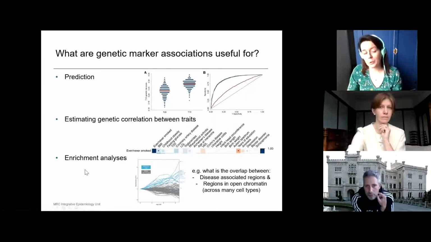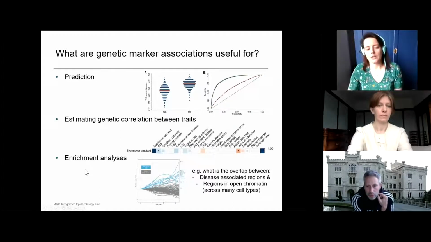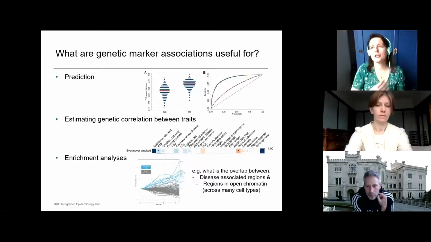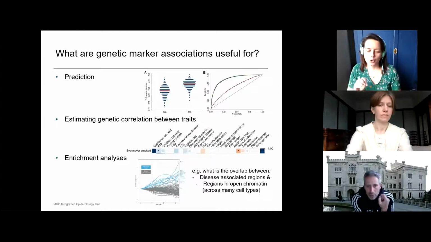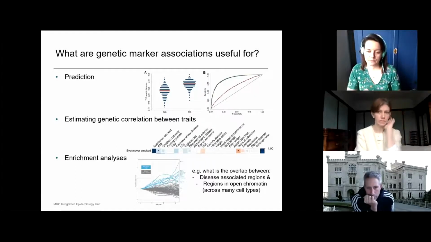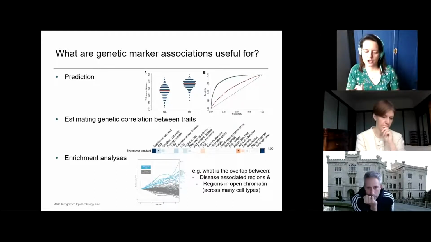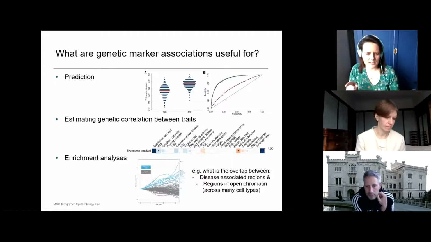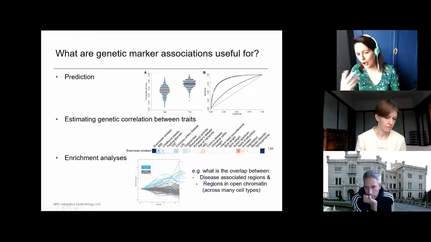And finally, something called enrichment analysis. This is where you look at the overlap between the regions of the genome that you found to be associated, and what other annotations those parts of the genome have. I'll go through this in detail on another slide, but just to say, are your disease-associated regions also regions that are in open chromatin in a certain cell type, for example?